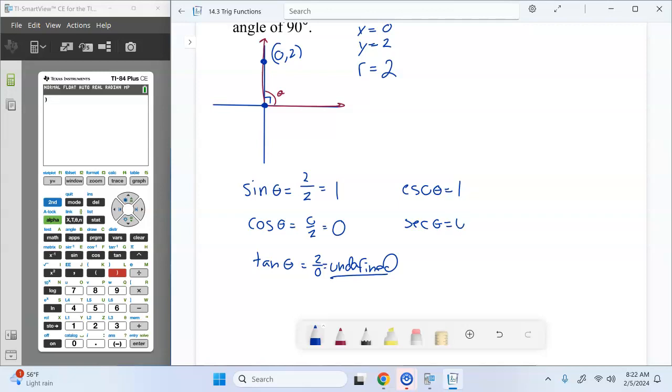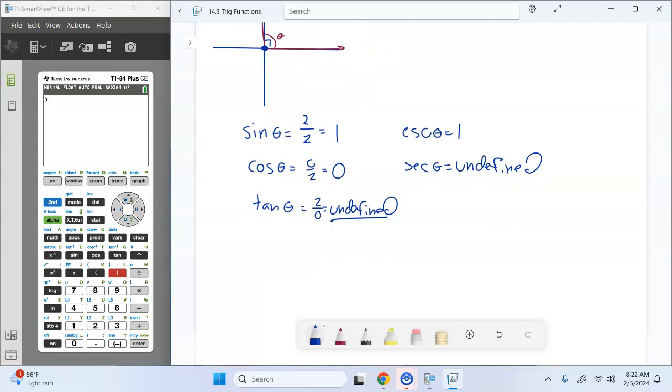The reciprocal of 0 is undefined, because we take this 0 over 2 and then rewrite it as 2 over 0, now it's undefined. So 0 is the only number with no reciprocal. Its reciprocal is undefined. So now working backwards, if I have the reciprocal of tangent, which is cotangent, what's the reciprocal of undefined? 0.